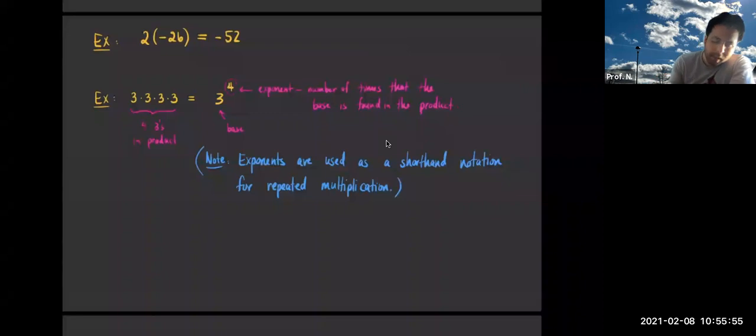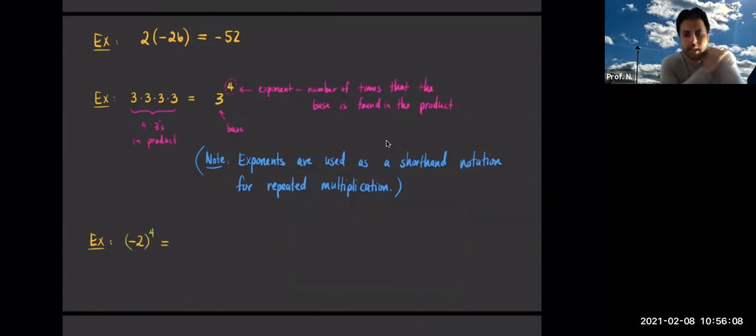Okay, and what if I have something like this now? What if I get (-2) to the 4th? What's (-2) to the 4th? That's right, Elizabeth.